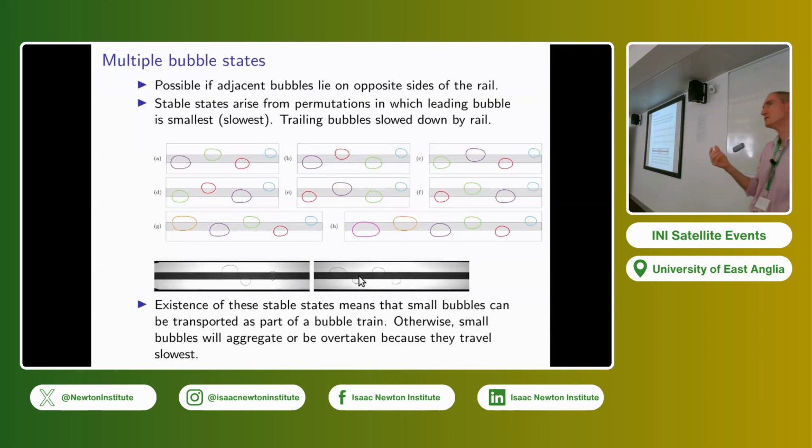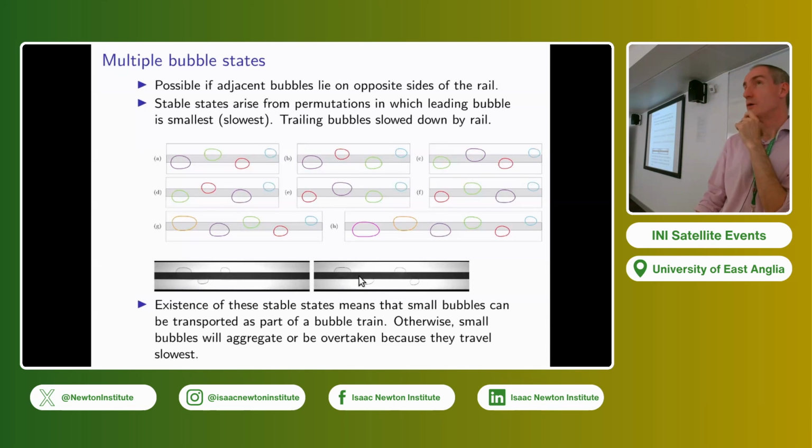And what that means is that these small bubbles, that if these states weren't there, they'd either get aggregated as the large bubbles come behind and eat them up, or get overtaken, can be transported along with the rest of your bubble train. So that's potentially of use if you can't generate completely reliable bubble sizes, possibly.